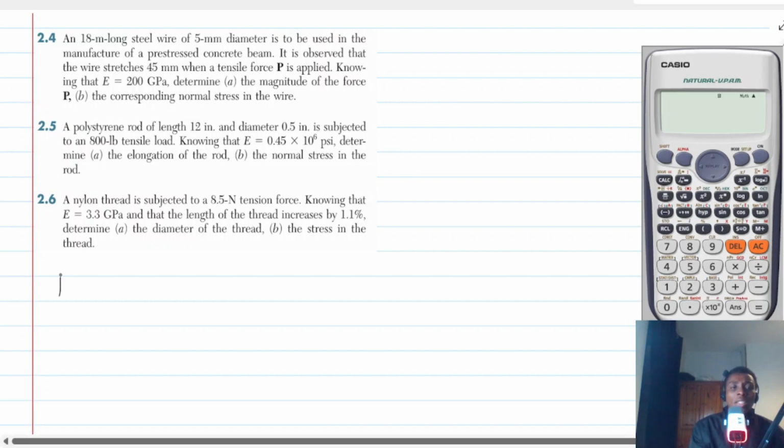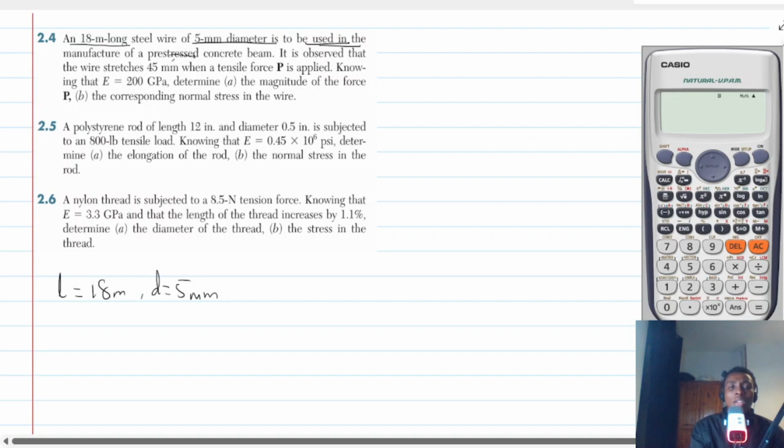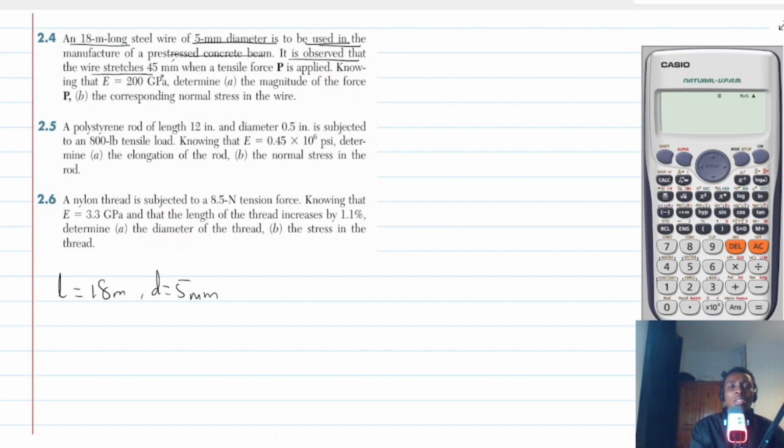The problem gives us an 18-meter-long steel wire with a diameter of 5 millimeters, to be used in the manufacture of a prestressed concrete beam. It is observed that the wire stretches.